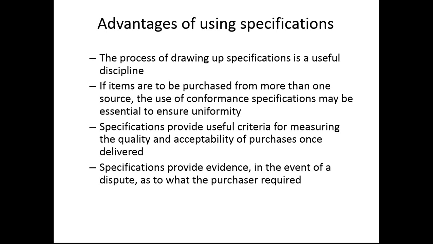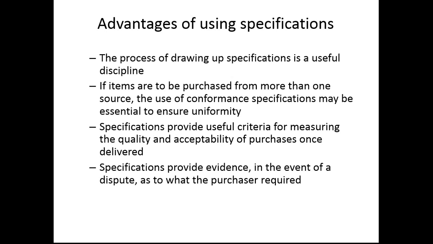Specifications provide useful criteria for measuring quality. As I said, I'm back into my objectives again. Quality measurement: smart, specific, measurable. There's the word: specification, specific, measurement. Specifications provide evidence in the event of any form of dispute with the supplier.